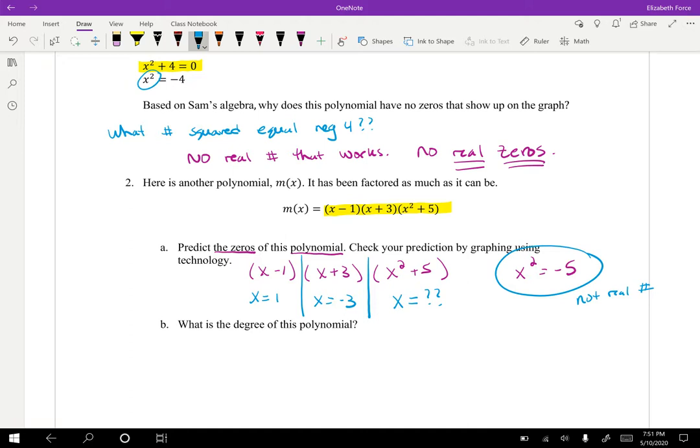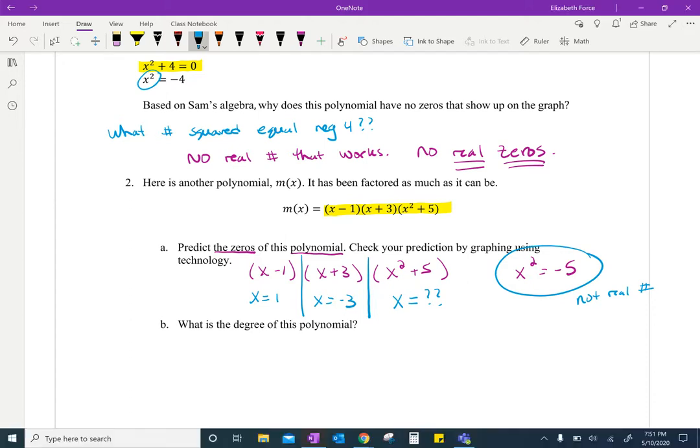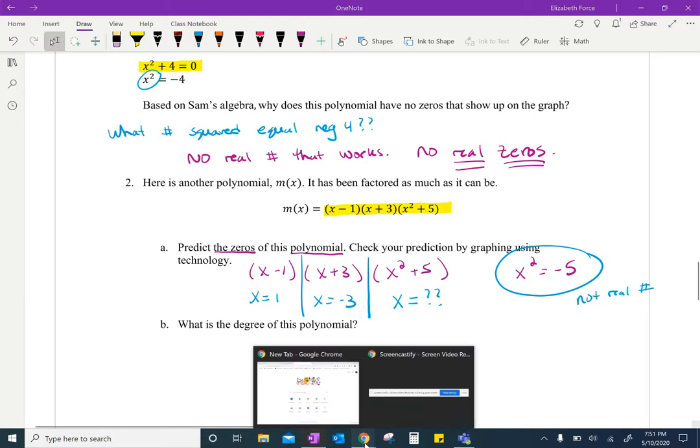And you'll notice when we put it into Desmos just to check our answer, you're not going to see more than 2 zeros. You're only going to see a 0 at 1 and a 0 at negative 3, despite the fact that this should have more than 2 zeros. So let's plug it into Desmos just to check our work.